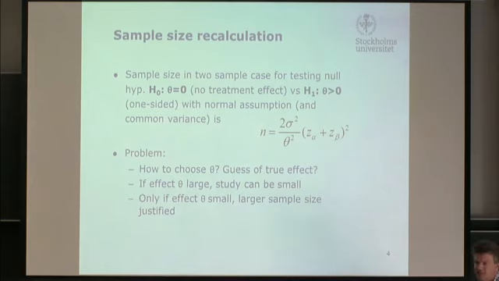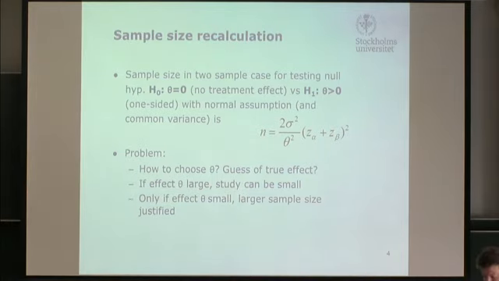How should theta be chosen? Sometimes you have motivation by a clinically meaningful effect, but in other situations one has some interval of interesting theta values, and it's a judgment how large the study should be.